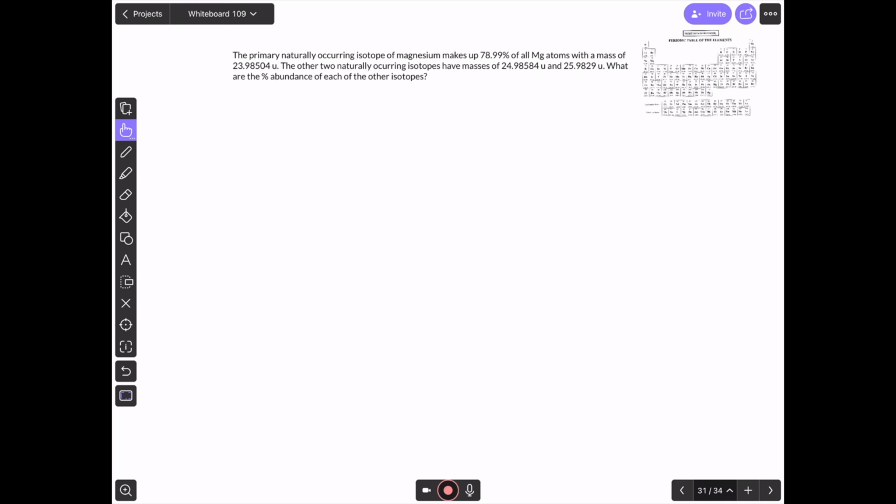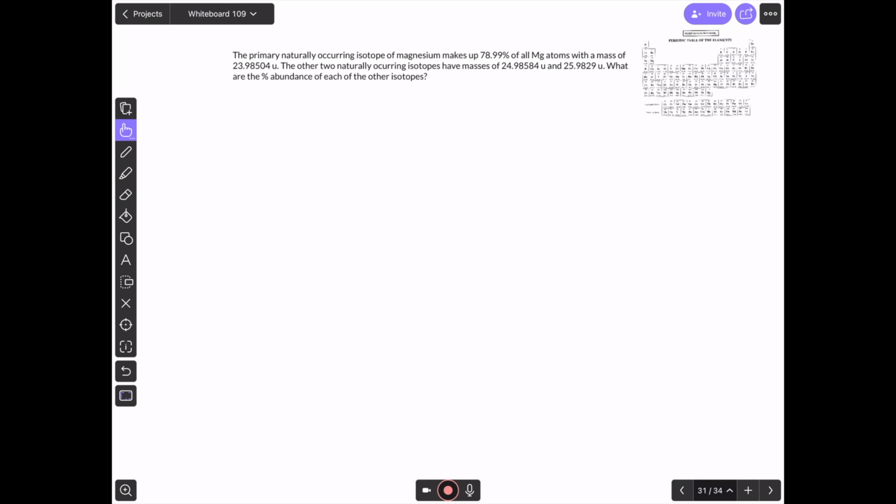They're problems that involve data with elements and maybe require us to look up the average atomic mass and use that data to solve for some other aspects related to the atomic mass of an element. So let's see what I'm talking about.